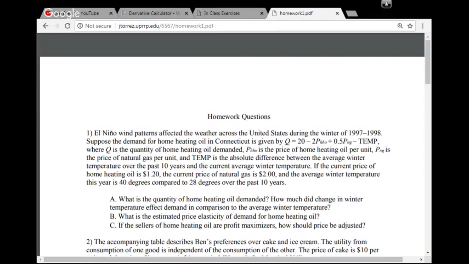So I heard somebody say it, a female voice. Where did it come from? Was it you? Two? Perfect. Actually, it's -2, but that's okay. -2 is the derivative of the price of home heating oil with respect to Q.